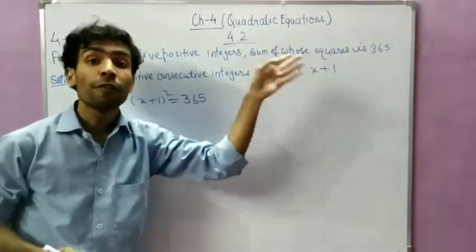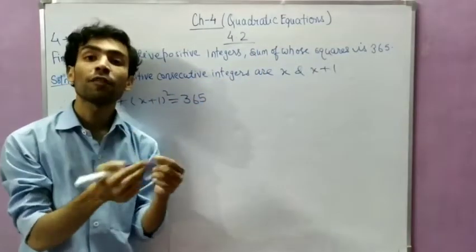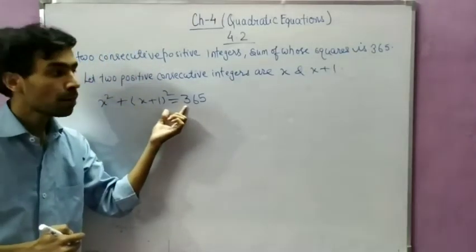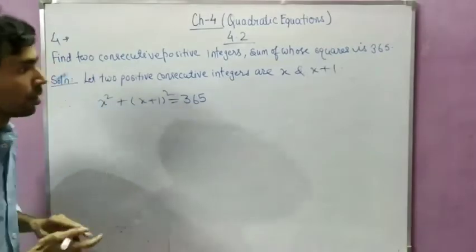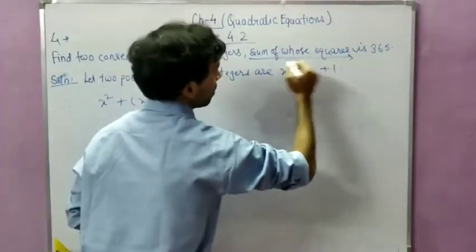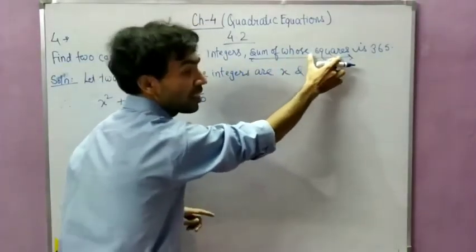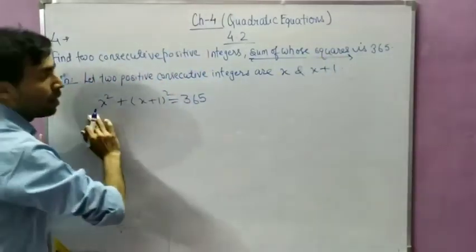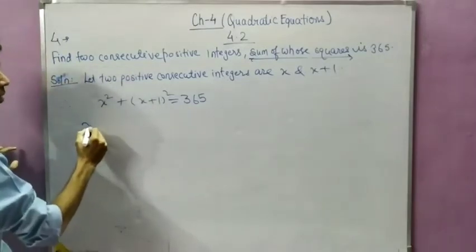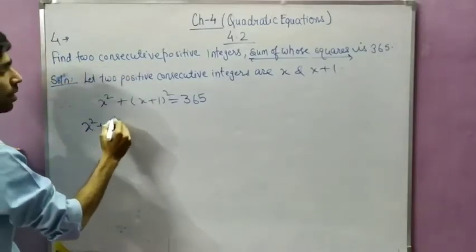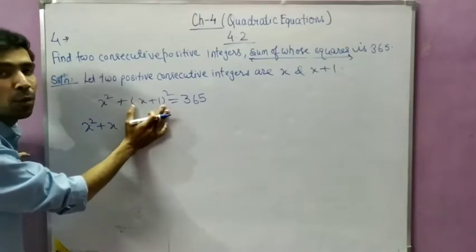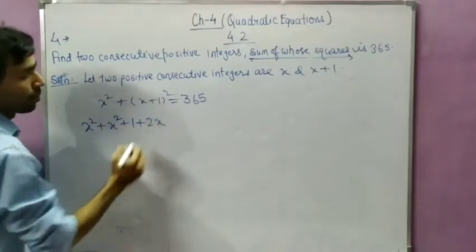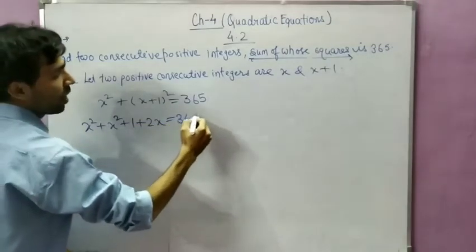Sum of what? Whose squares means the squares of the consecutive positive integers. So x square plus (x plus 1) square is equal to 365. This wording should be understood. First you have to take out the square of the numbers, then you have to add them. Now when you solve it, this will be expanded like (a plus b) whole square, so x square plus 1 plus 2x, okay, equal to 365.